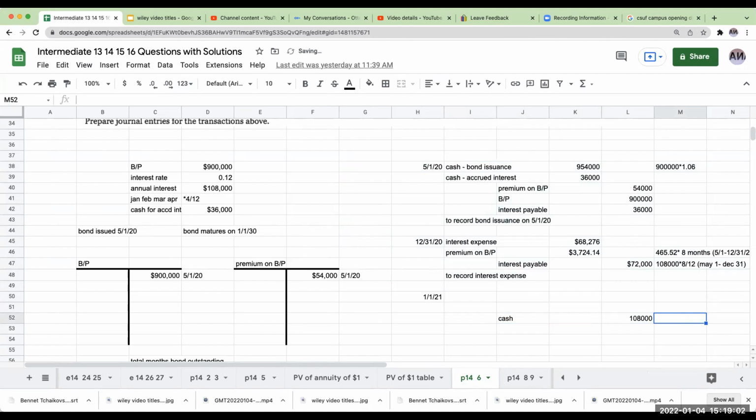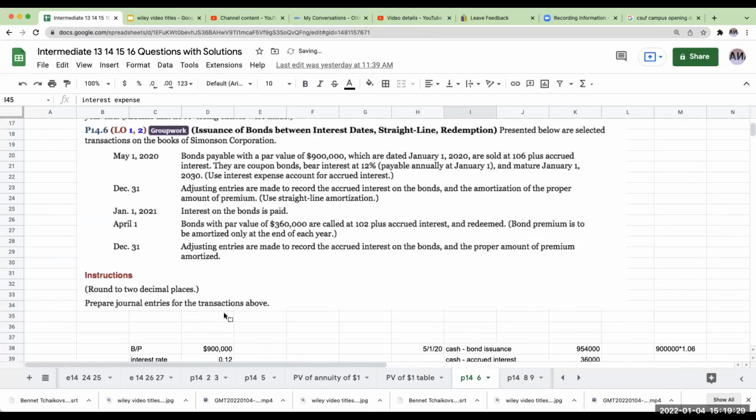It's my two interest payables, 36,000 plus 72,000, giving me a total of 108,000. And all I'm going to do here is debit interest payable for 108,000. I don't record any interest expense because I've already accrued that interest expense through the past year. Now, if you looked at the textbook solutions, they have you do some kind of crazy stuff, but we're just going to avoid that.